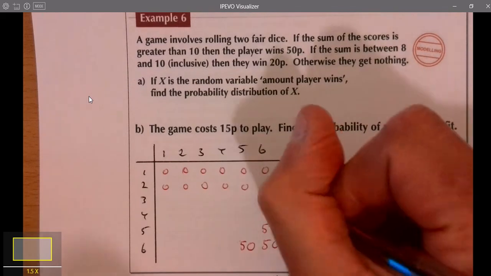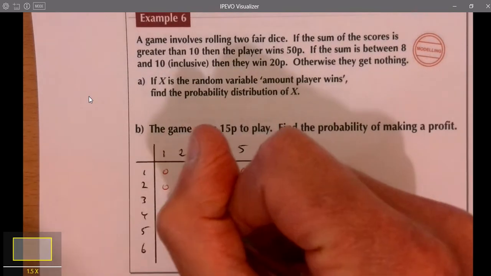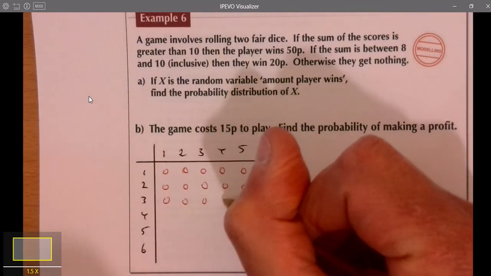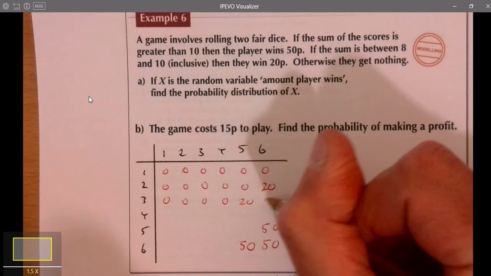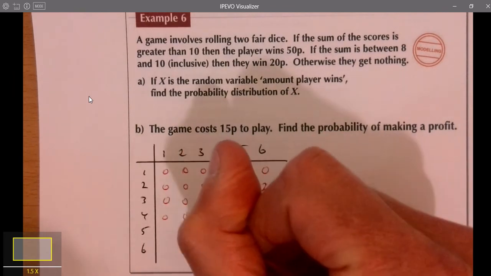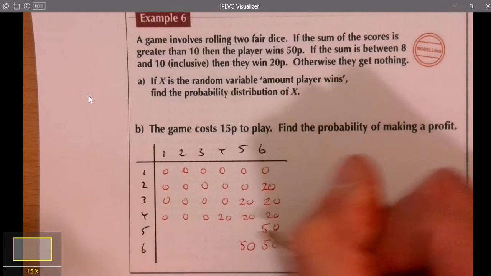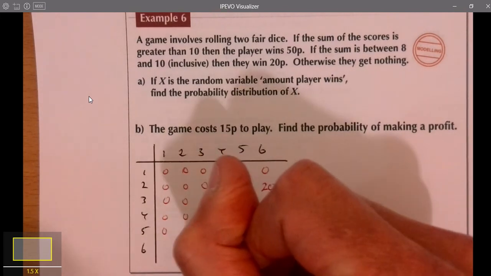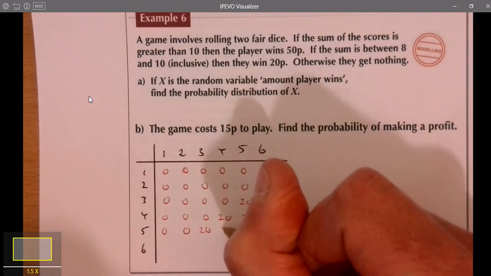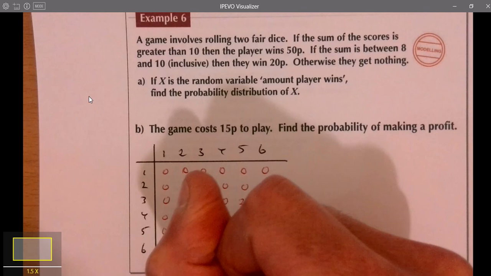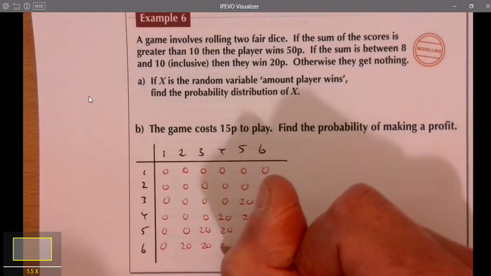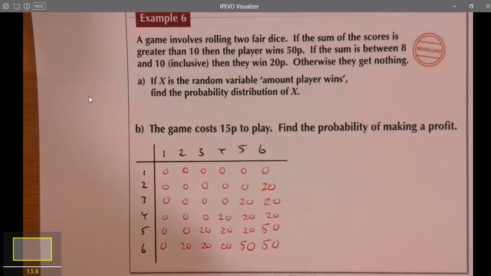So that's 20 pence. So 0, 0, 0, 0, 20, 20, 0, 0, 0, 20, 20, 20, 0, 0, 20, 20, 20, 0, 20, 20, 20. There you go. Look, it didn't take long.